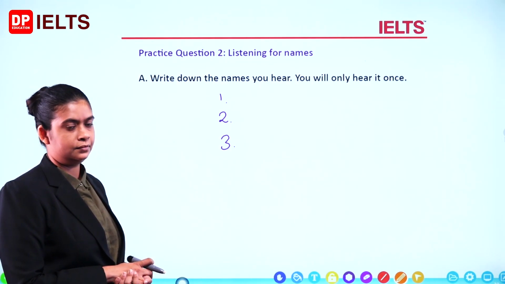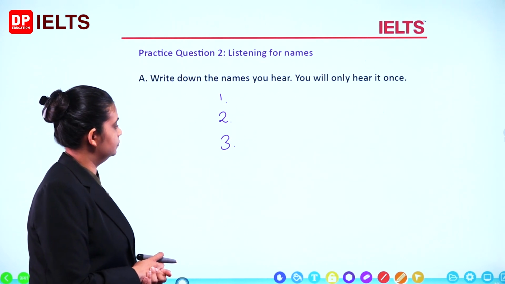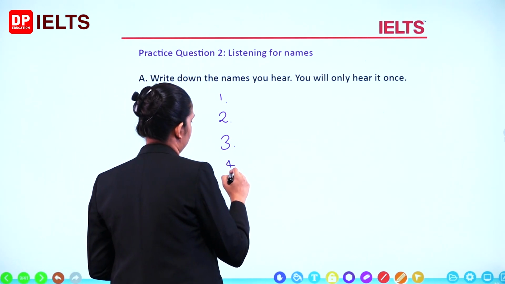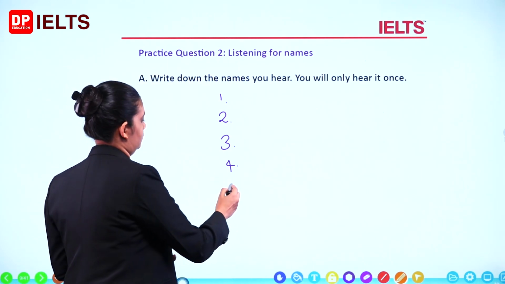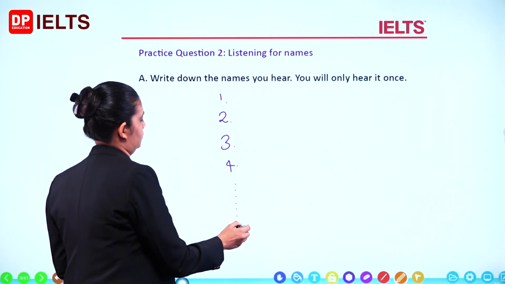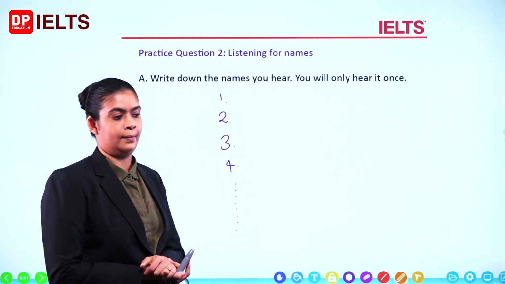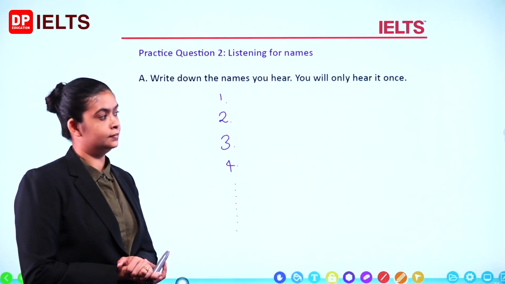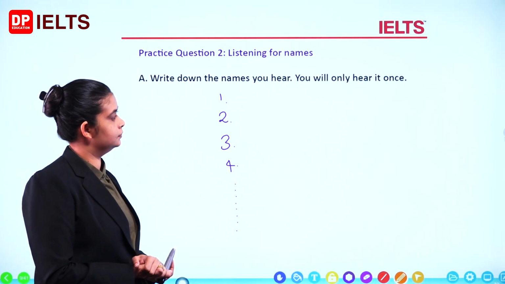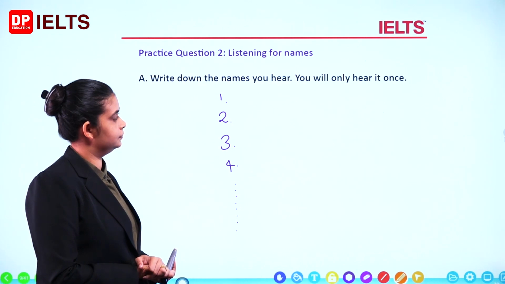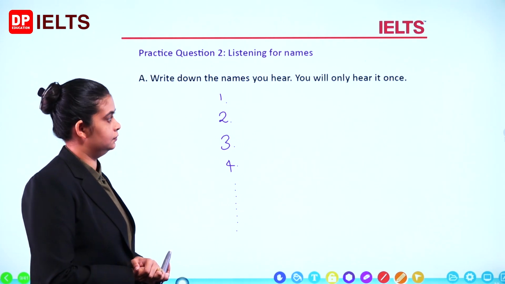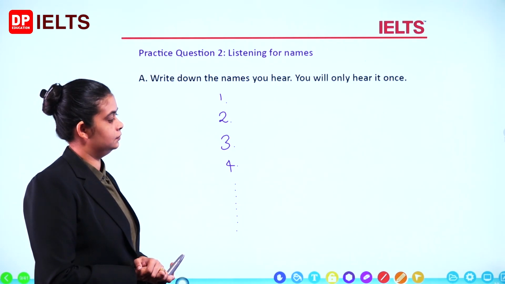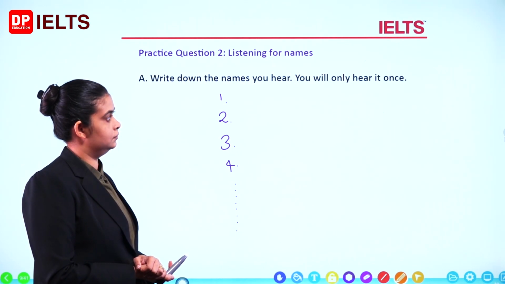Number 4. Sarah Bartholomew. Sarah is spelled without an H. The last name is spelled Bartholomew. Number 5. Sean Bean. The first name is spelled Sean. Number 6. Mr. Frank Allenson. The last name is spelled Allenson.